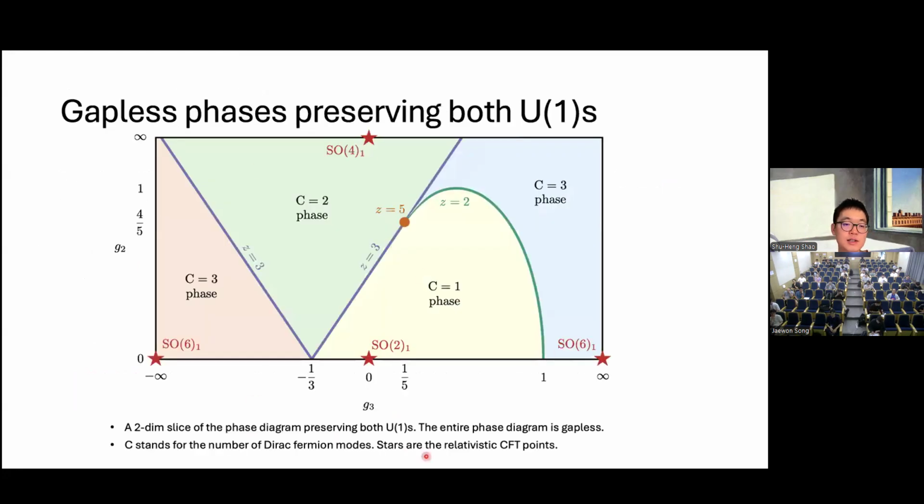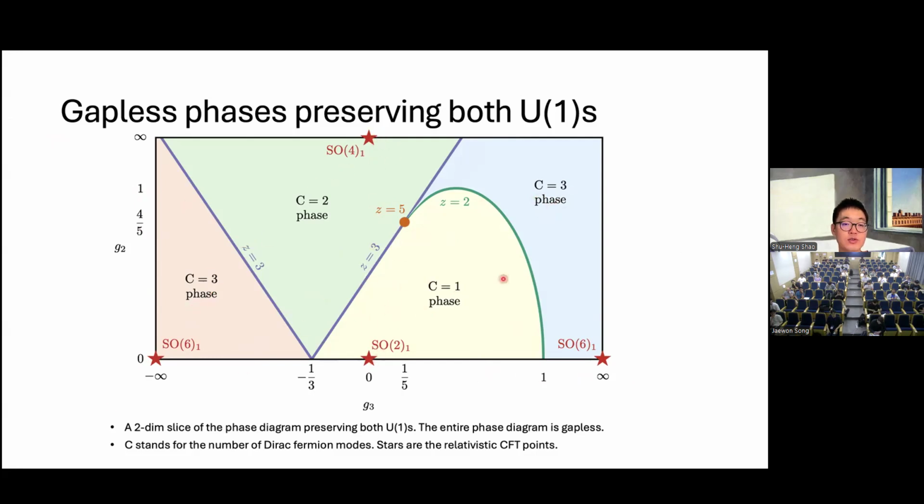So here is a snapshot of a phase diagram that we studied of models preserving both QV and QA. There are infinitely many Hamiltonians enjoying the symmetries. Here is just a two-dimensional slice. On this entire phase diagram, every point is gapless. There are some relativistic CFT points which we mark.